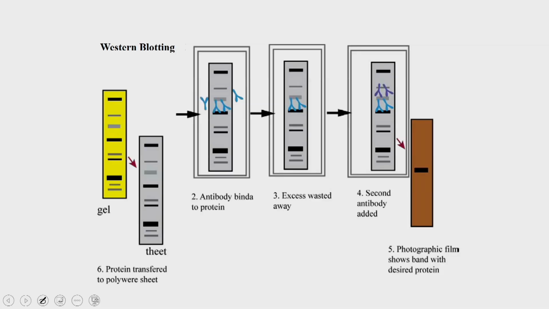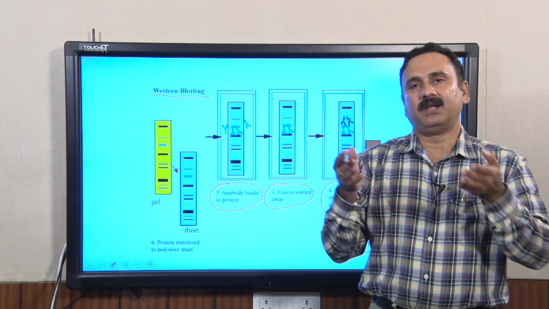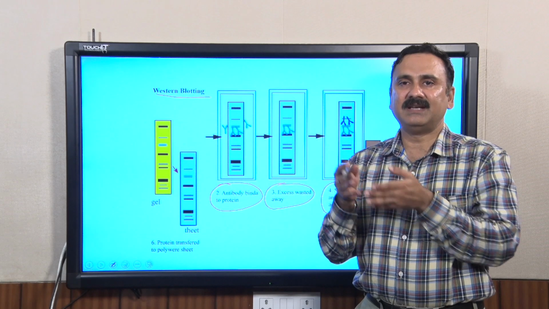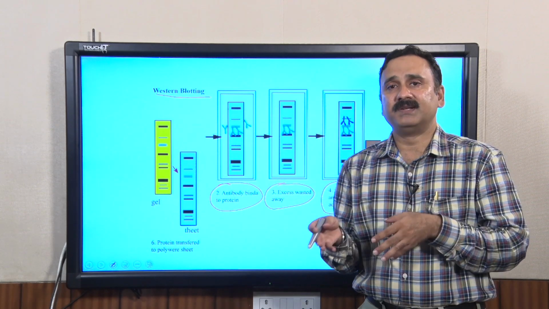So, this is all about Western blotting, where you have the gel, then you transfer it onto the nitrocellulose membrane, then you incubate it with the primary antibodies, then you wash away the excess, then you add the secondary antibodies, and then ultimately you develop the blot with the help of different types of substrates, either colorimetric substrates such as DAB, or chemiluminescence substrates or fluorescent substrates.